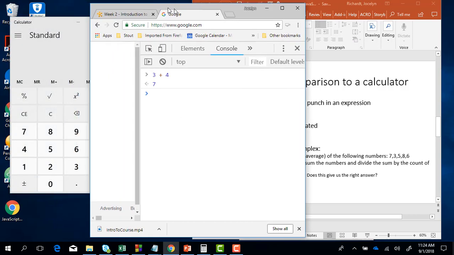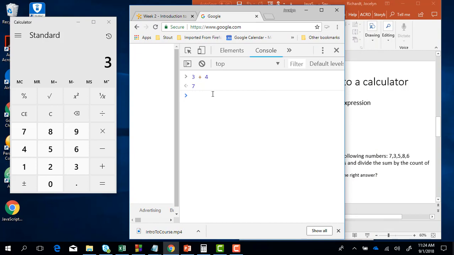But if we put that into our JavaScript console, you can see 3 plus 3 divided by 2, it's giving us a different answer. It's giving us 4.5. Well, let's look at what's going on here.